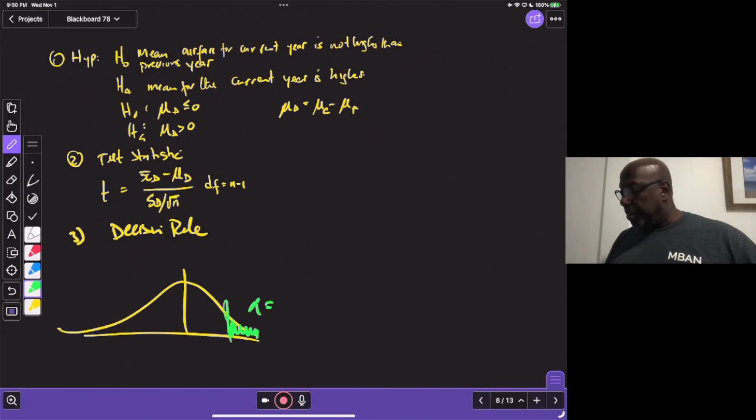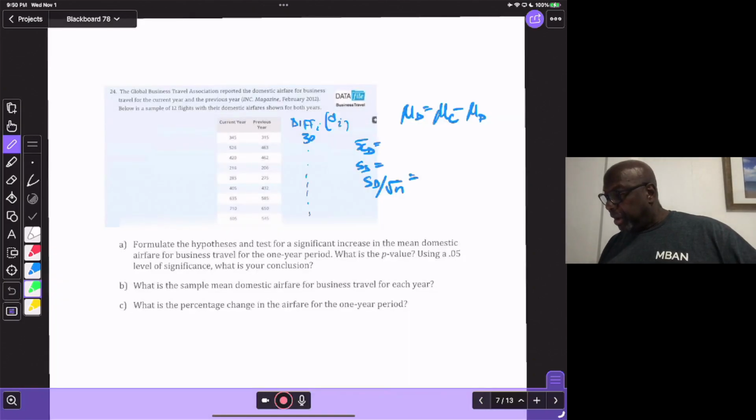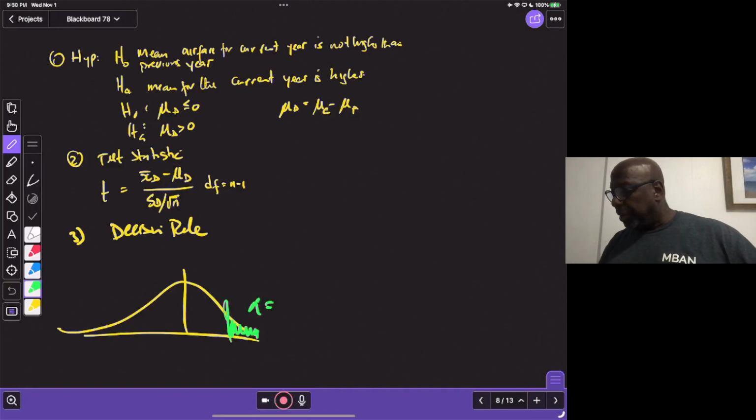And we were told in our problem that we're going to use a 5% significance level, 0.05. And this is our T critical. So the degrees of freedom, since n is equal to 12, then degrees of freedom is 11.